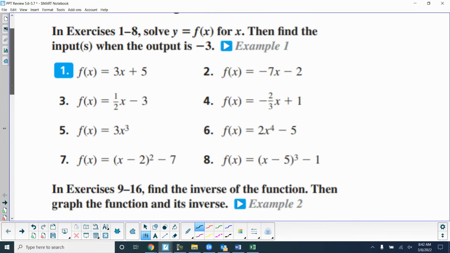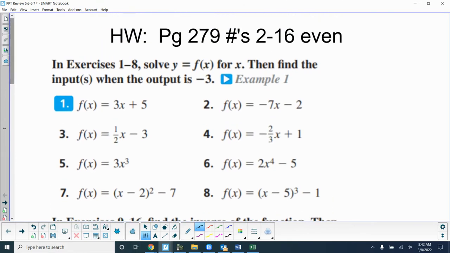Okay, let's go over our homework. We had the evens, right? So number 2 was what, Mr. Collins? Number 2. You got 19?